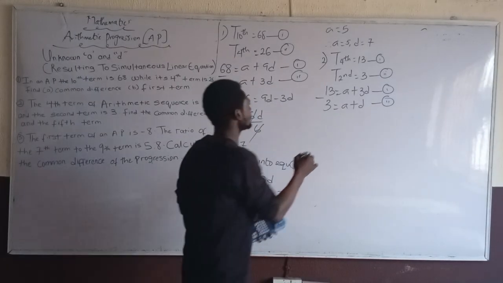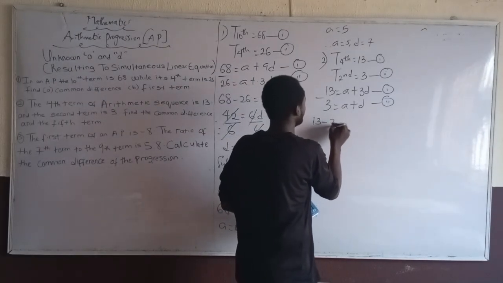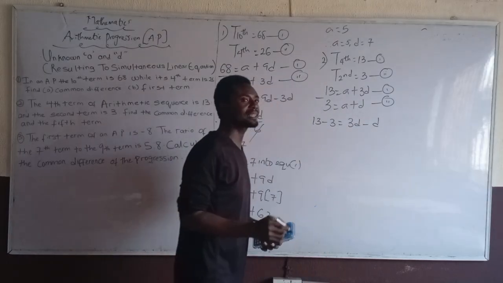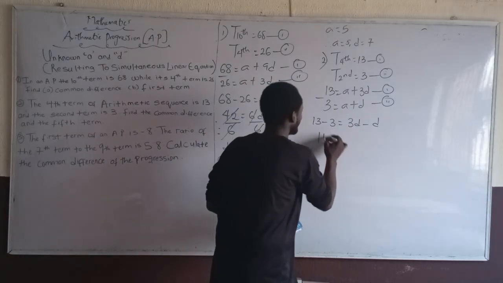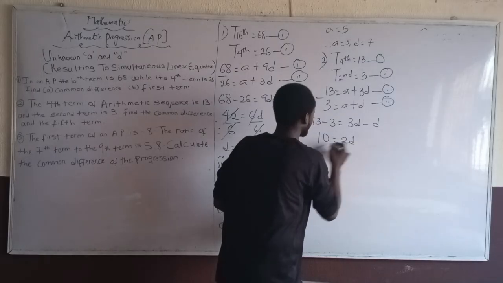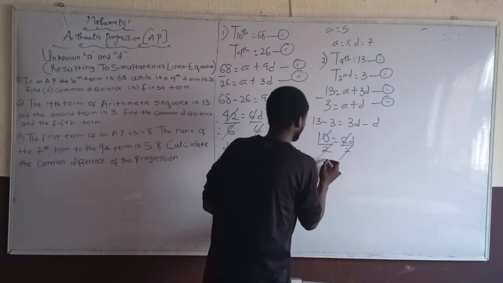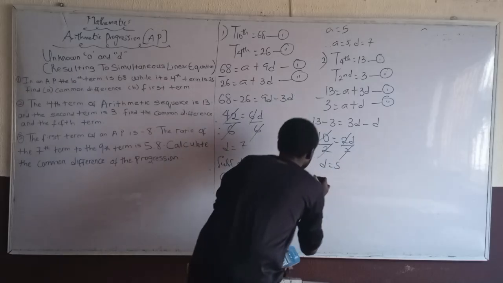So I will subtract, elimination method. So 13 minus 3 equals 3d minus d. 13 minus 3 is 10, here will give me 2d. Divide by 2, divide by 2. This cancels this cancels this. My d is 5.